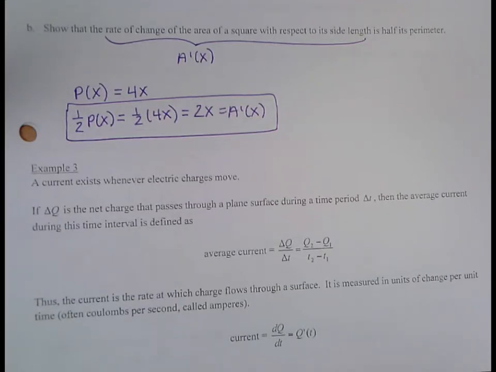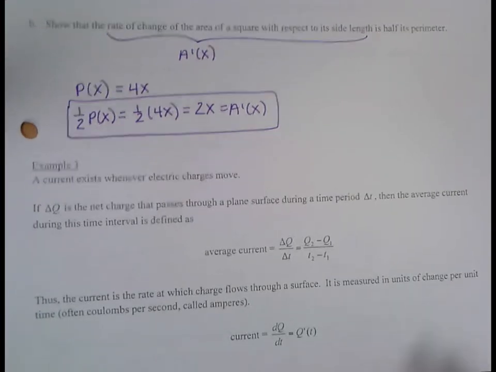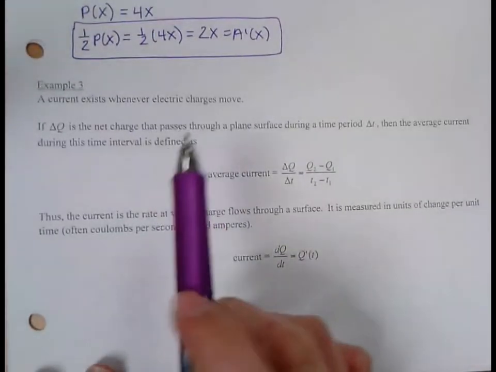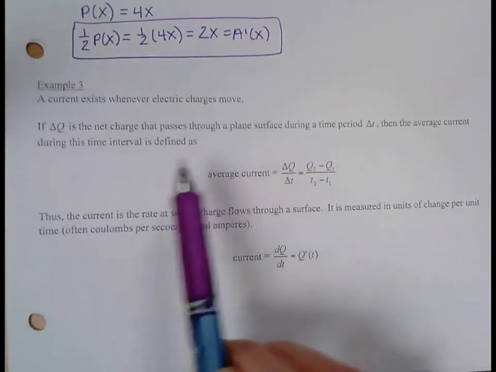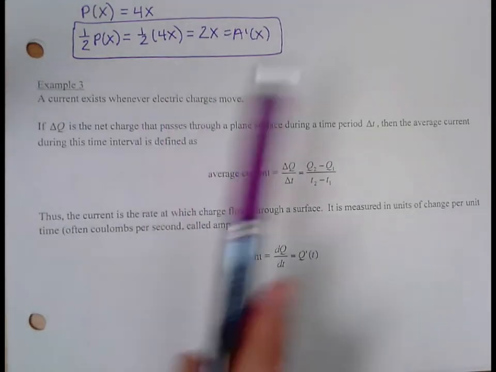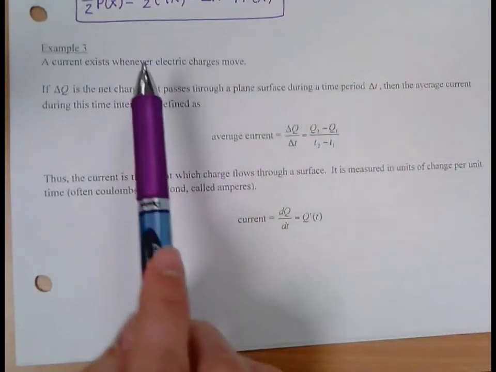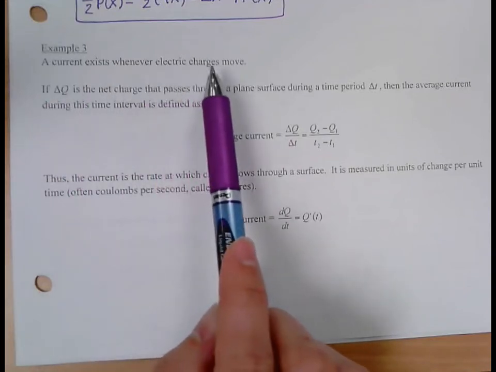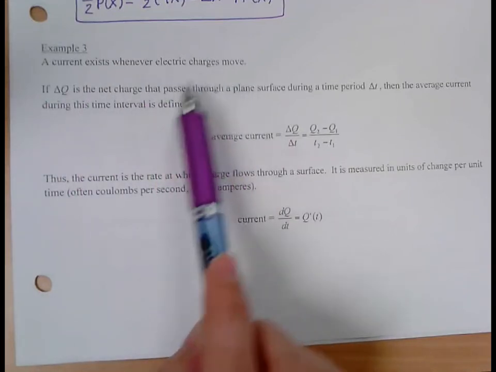All right, and then example 3 isn't an example that I need to go through with you, but there is a problem on the worksheet that talks about current. So I just wanted to discuss current and how it is a rate of change. It says a current exists whenever electric charges move.